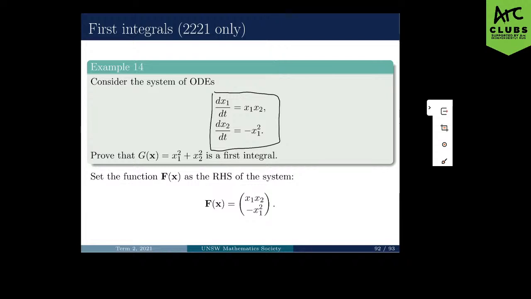So we can write this system as d/dt of (x1, x2) equals (x2, minus x1 squared). So we can make this equal to f of x, and so that's how we get the right hand side of the system.